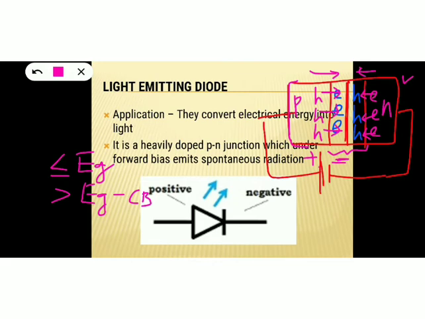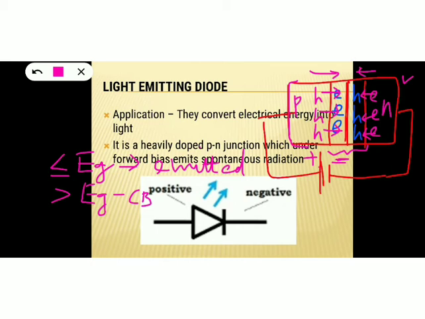So during electron-hole recombination, energy is released in the form of photons, and those having energy less than or equal to the energy gap are emitted as light energy. That's about the working of a light emitting diode.